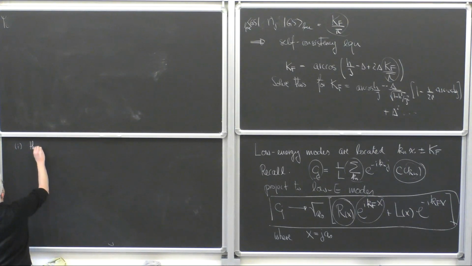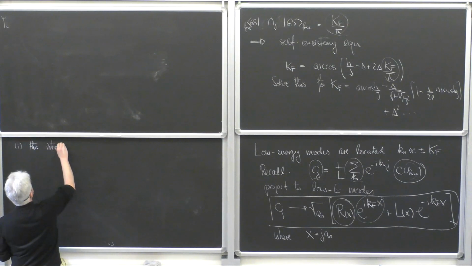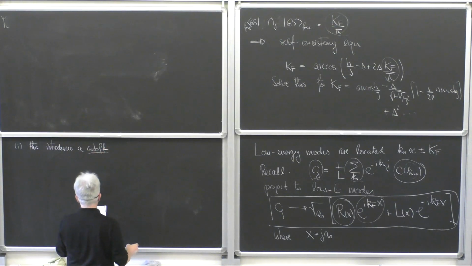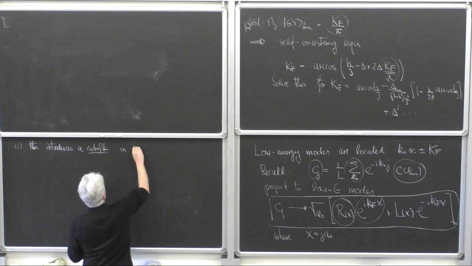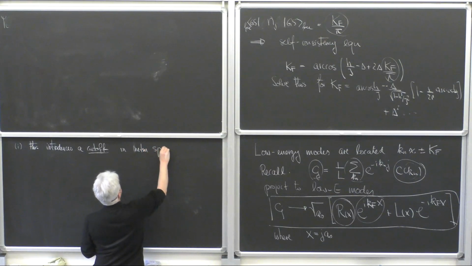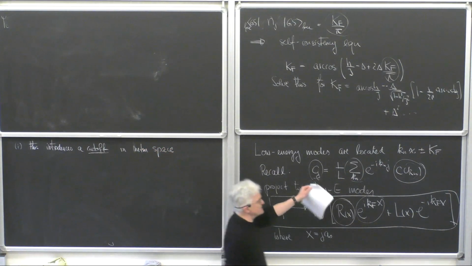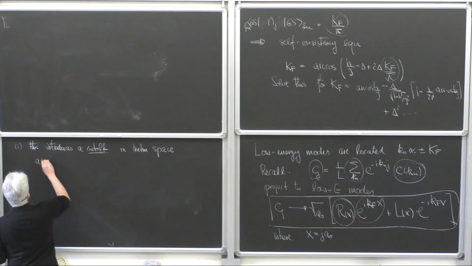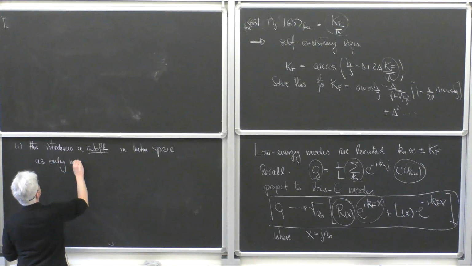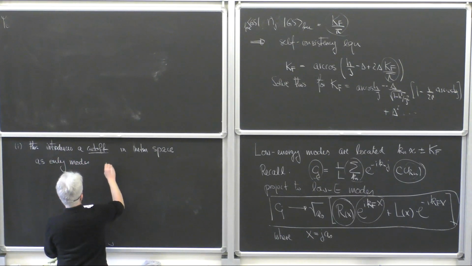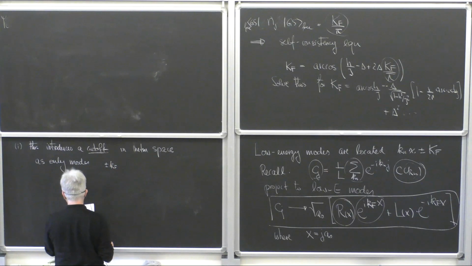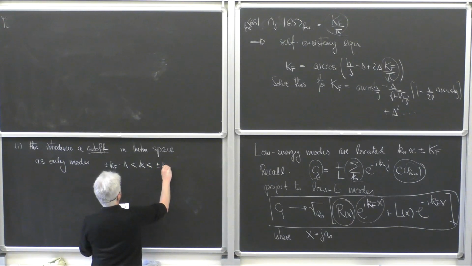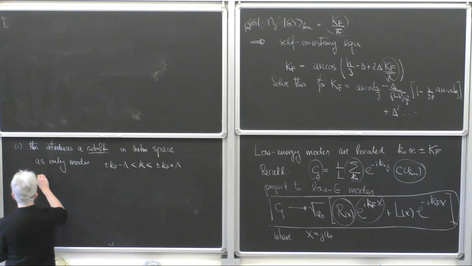This introduces a cutoff in momentum space, because I've selected some shells around kf and minus kf, so only modes plus or minus kf minus lambda less than k less than plus or minus kf plus lambda are retained.